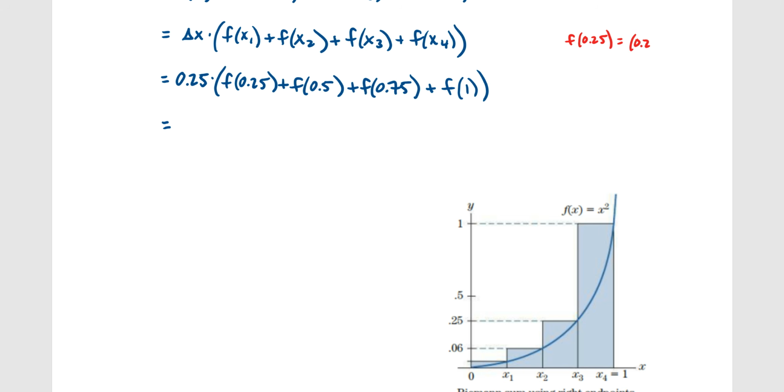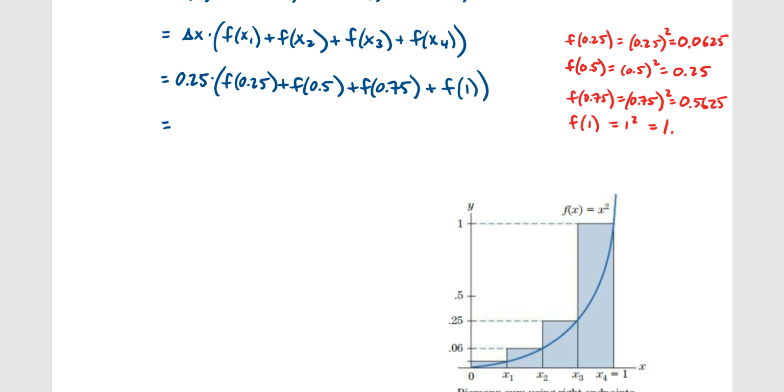So 0.25 squared, we get 0.0625. And then we do the same thing for all of them. 0.5 squared, we get 0.25, and f of 0.75 is 0.5625, and f of 1 is 1.